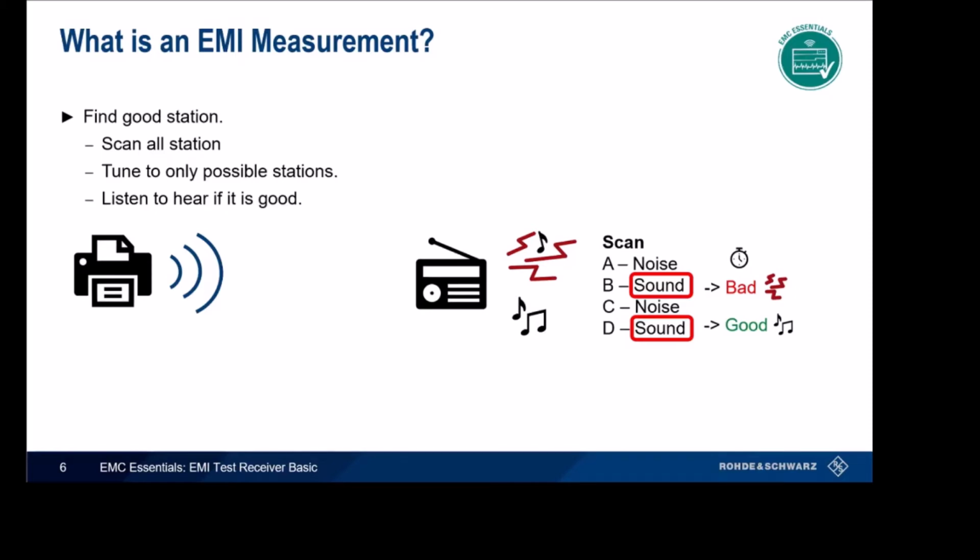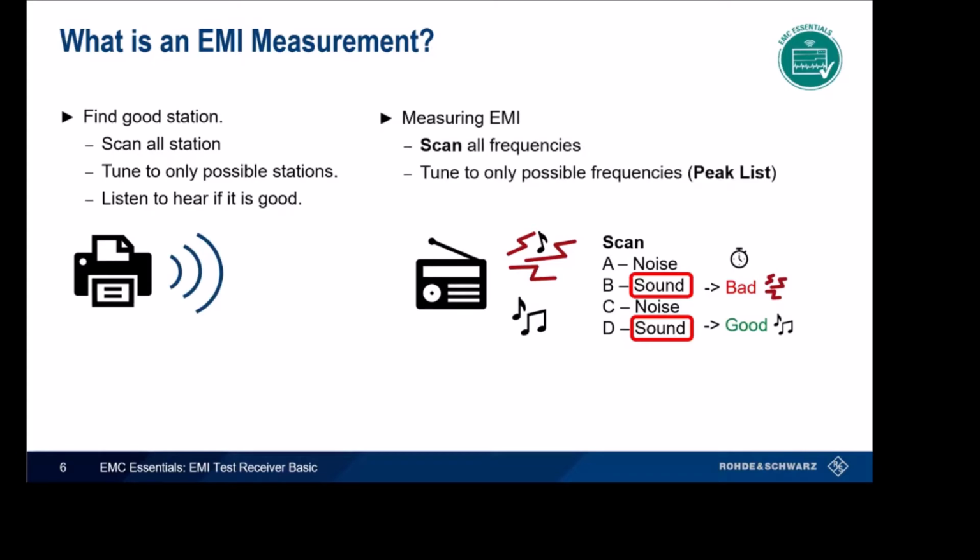Therefore, the steps for measuring the EMI are: scan all the frequencies, then tune to only the possible frequencies that have EMI noise, which means that we would have to make a list of frequencies where the noise was high enough to possibly cause interference. We can call these frequencies peaks and refer to this list as a peak list.